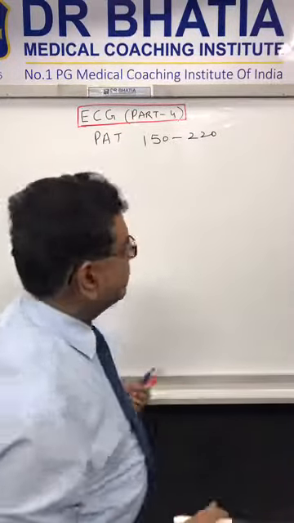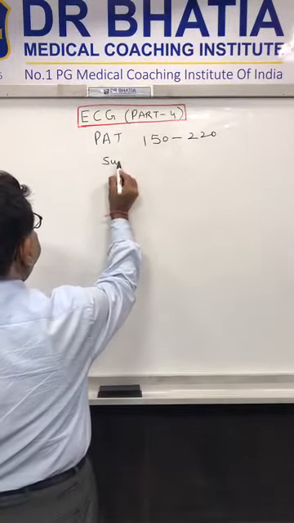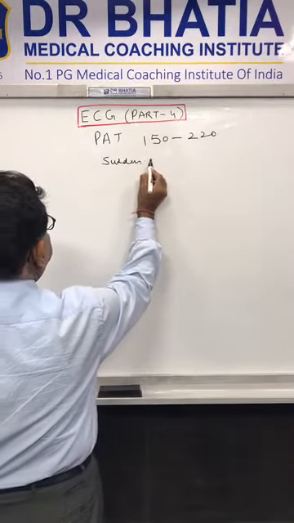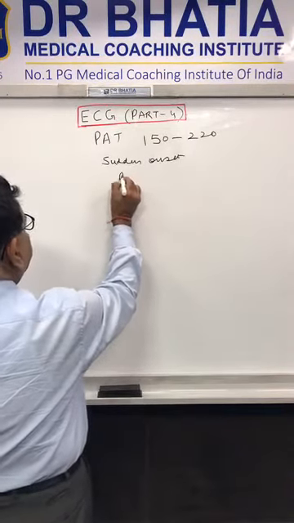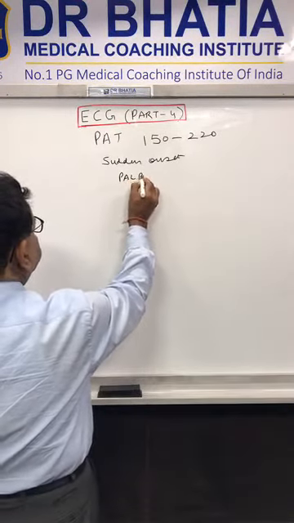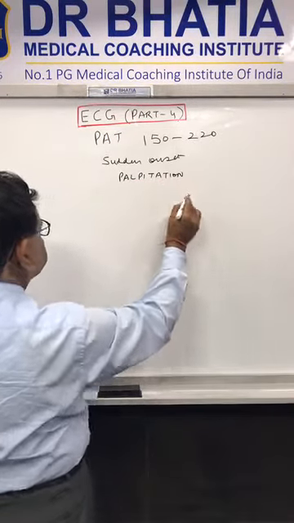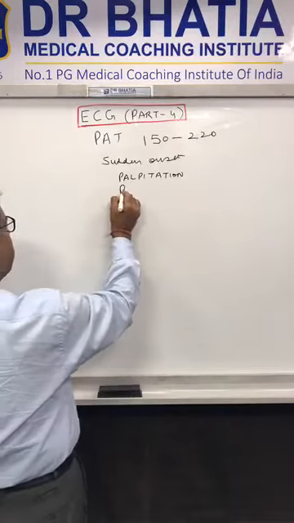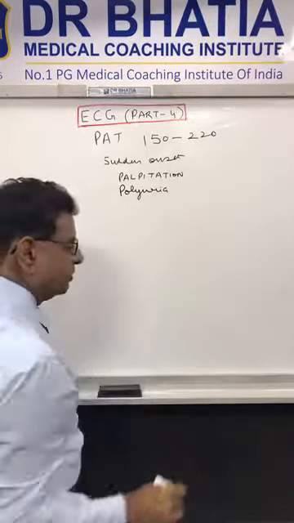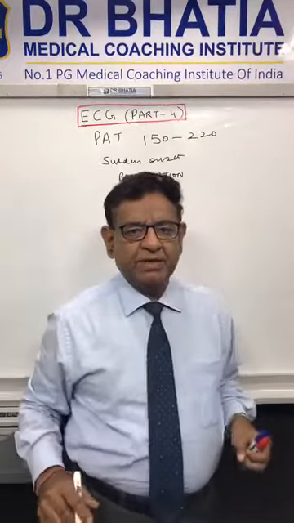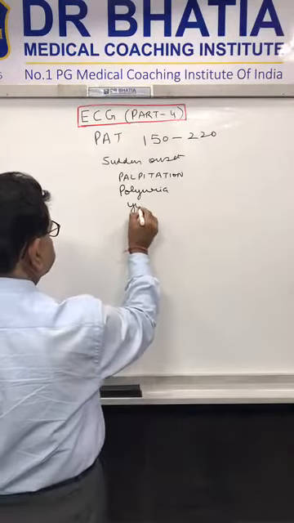It usually has sudden onset, and it leads to sudden onset of palpitation. Usually polyuria is associated there, and it's very common in young ladies.